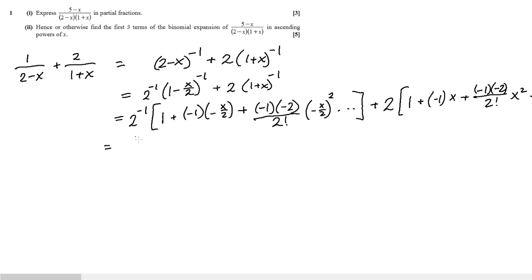Now with this in mind, we can start to combine these two lots. So by putting in this value, we get half plus x on 4 plus, this cancels, and we have 1/8 of an x squared. Make sure you don't forget about the 2 in front.